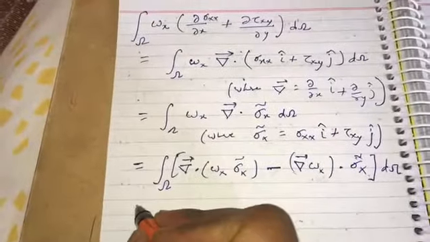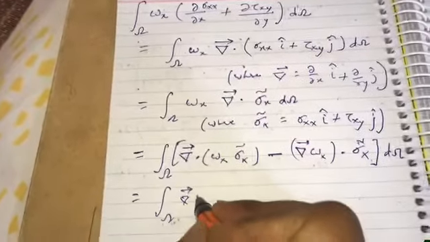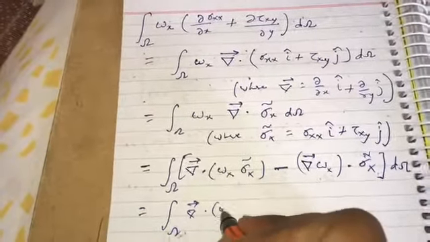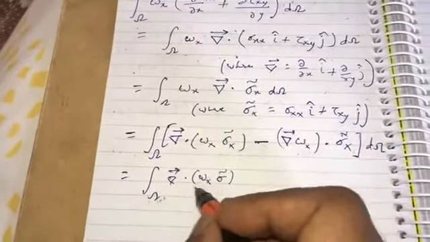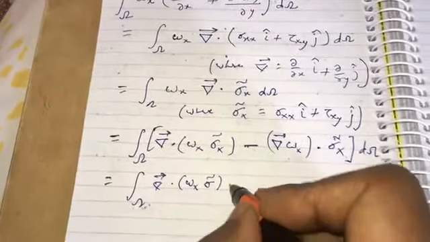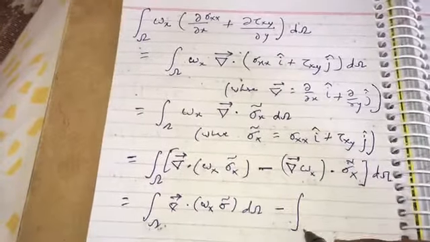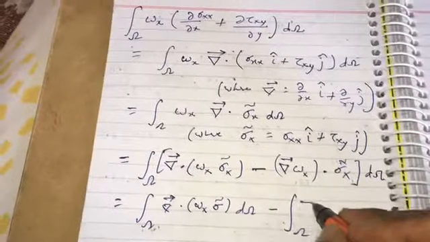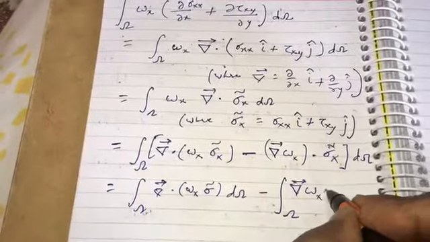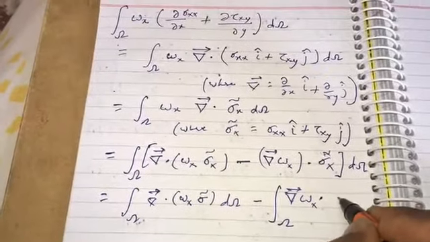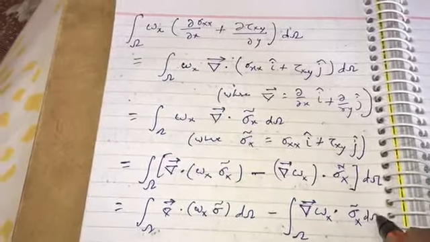So we expand it. What we get is the integral of the divergence of wx times the sigma x vector d omega, minus the integral of the gradient of wx dot sigma x vector d omega.